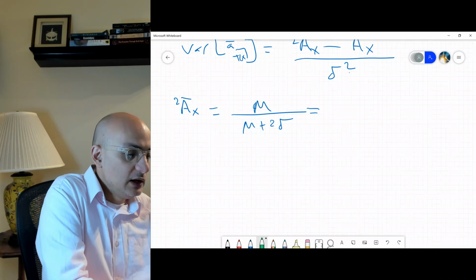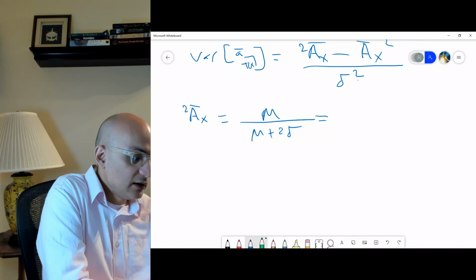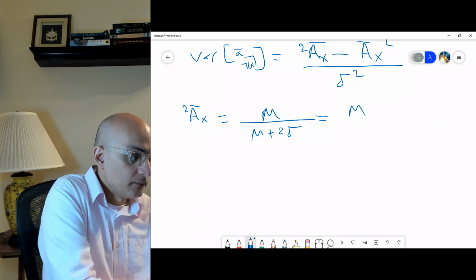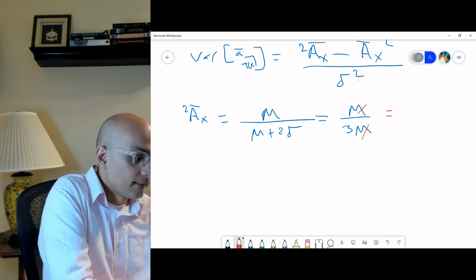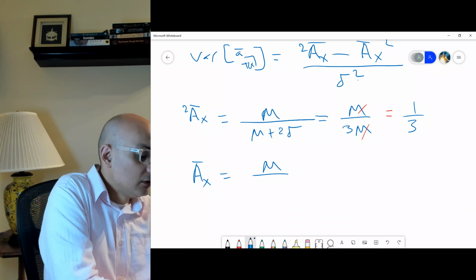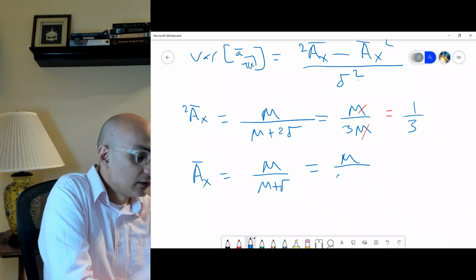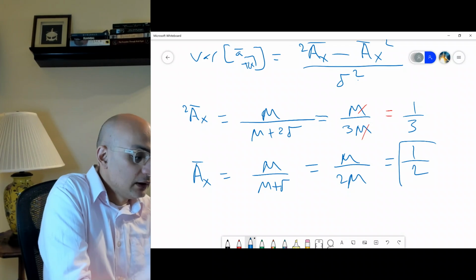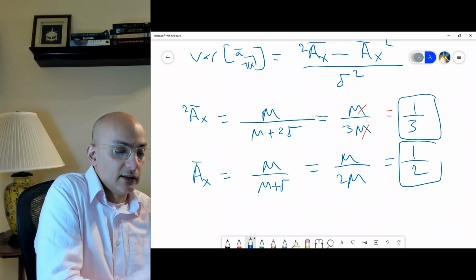So because we have a mu in the numerator, let's keep everything mu. Same logic: this will be mu over mu plus lambda, which will be mu over 2 mu, and that is half. You don't even need to find delta up to this point.